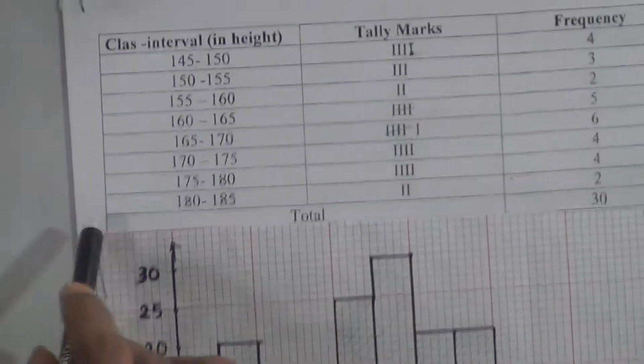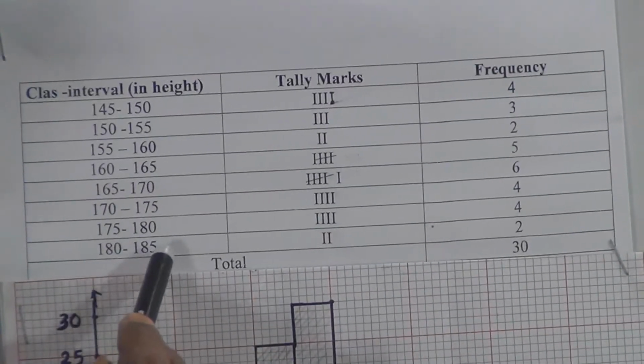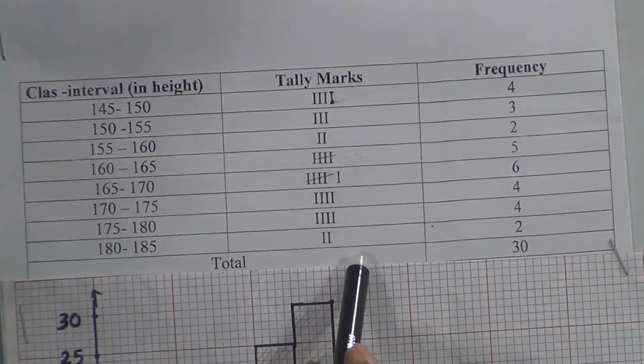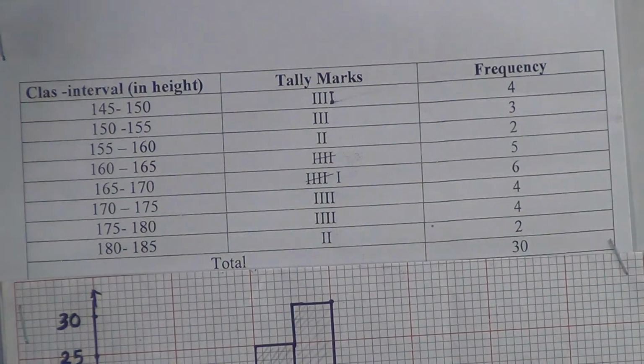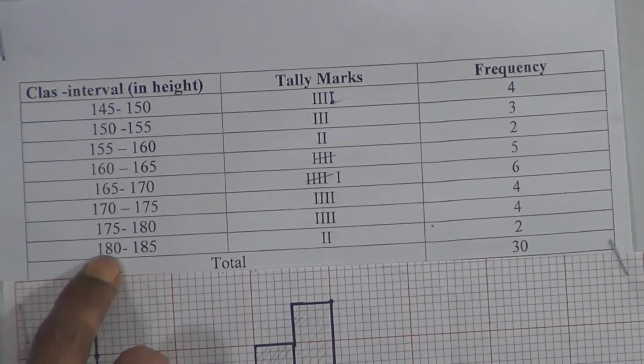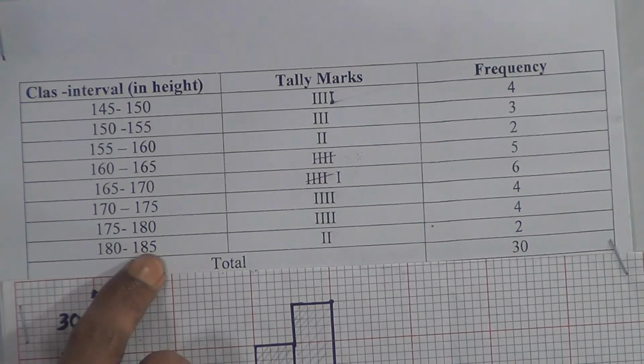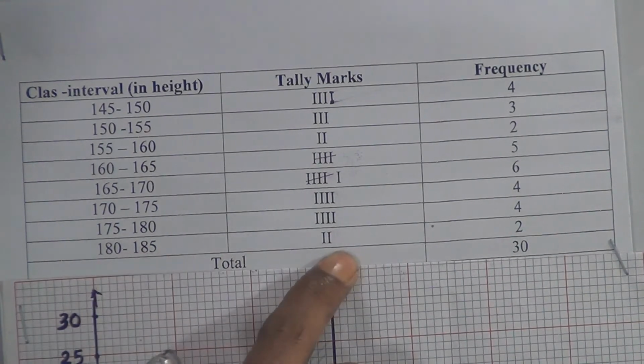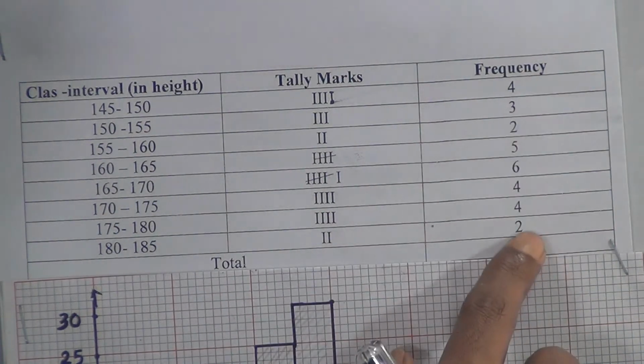Similarly, like this, you see 180 to 185. How many? There are 2. So I have written 2 tally marks and frequency 2.